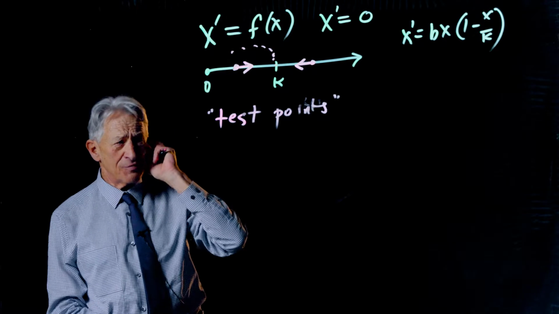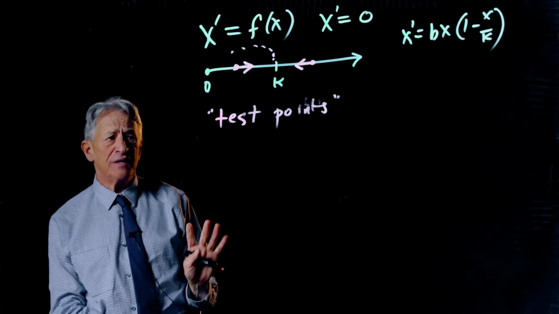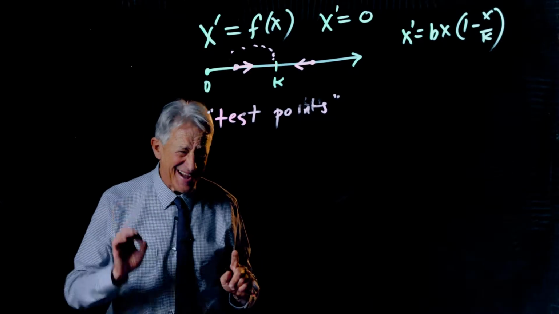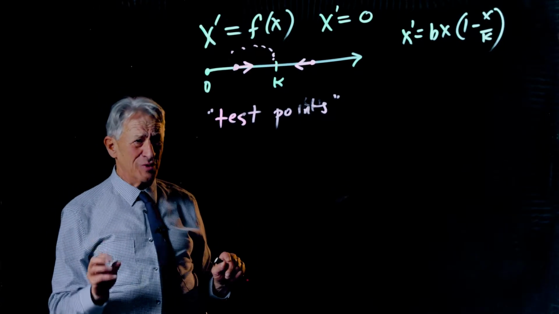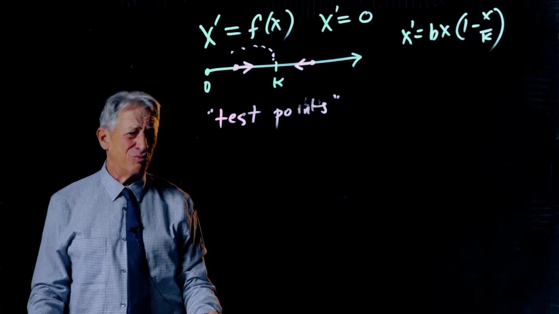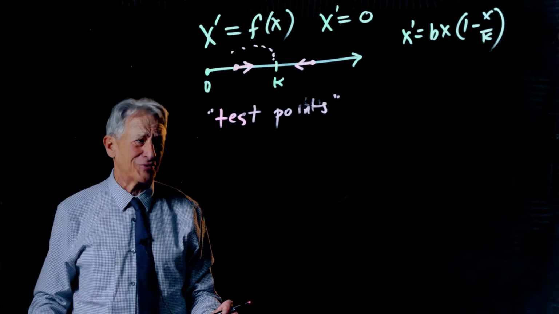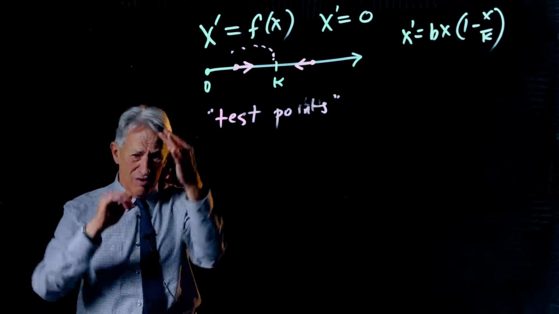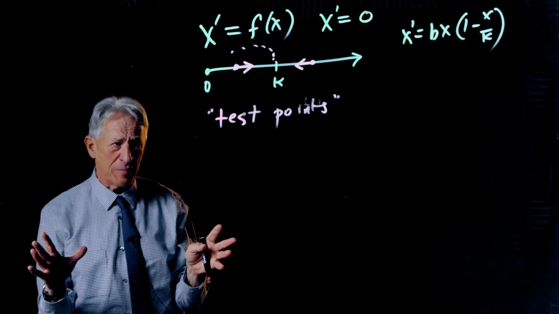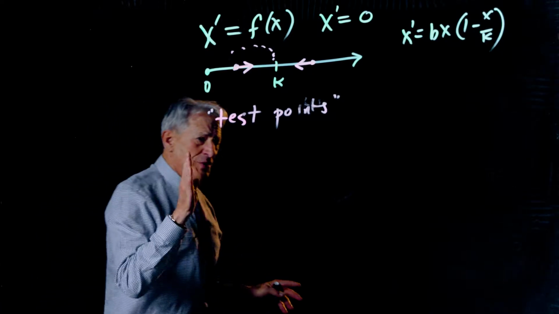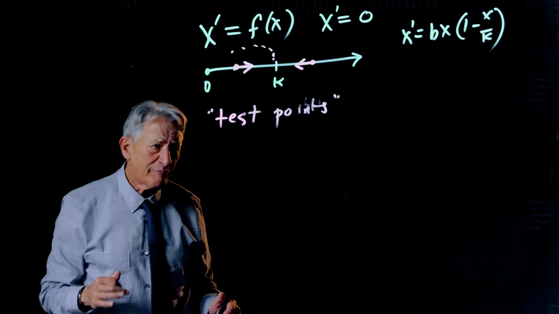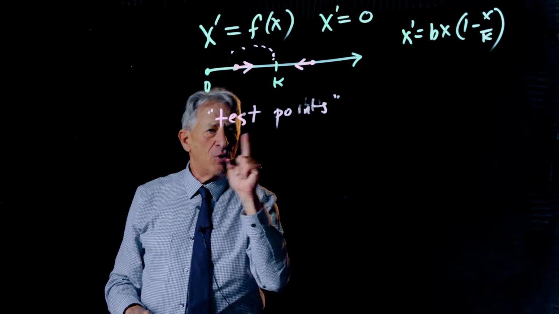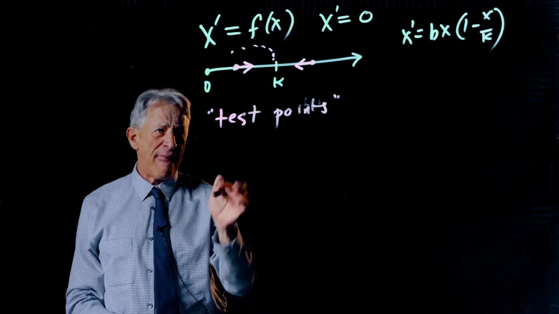So the method of test points works beautifully in one dimension, but not so beautifully in 2 dimensions, and really not so beautifully in 3 dimensions, where it's almost impossible to see what's going on with the forest of arrows. So we want something better, but in order to do that, I want to make an observation.